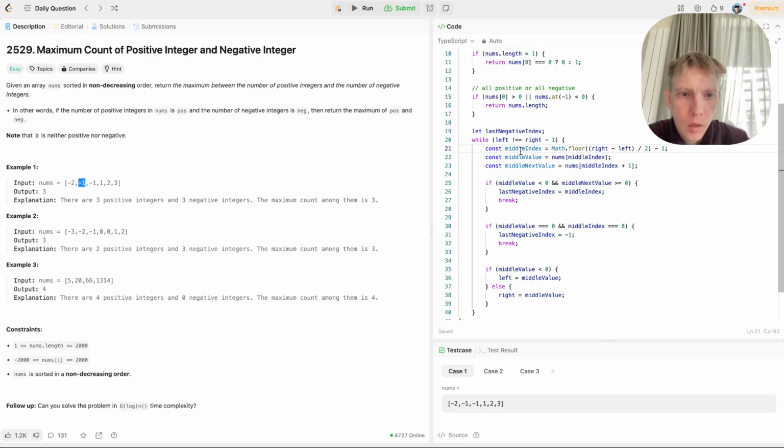Middle index, middle value -1, middle next value minus 1, not satisfied, not satisfied, middle value less than 0, left would be middle index. Left would be here, 1.